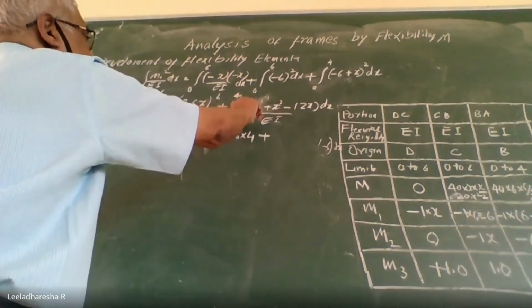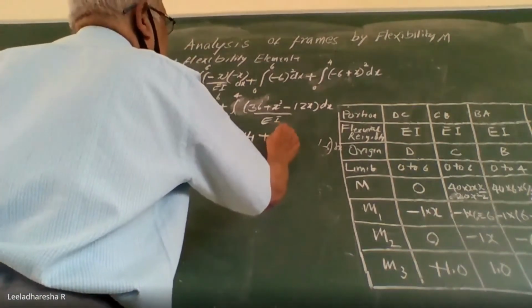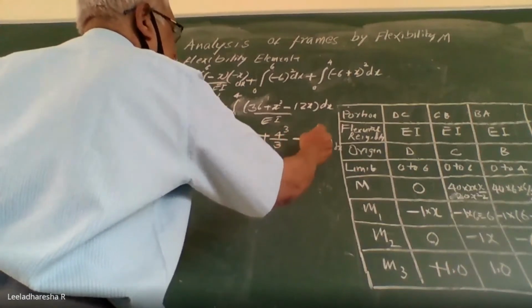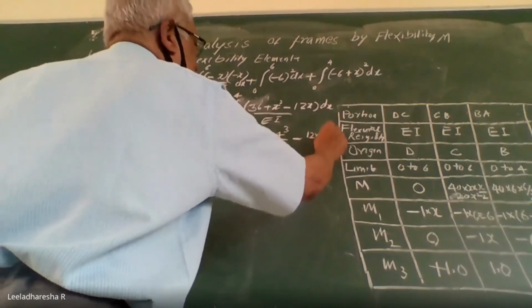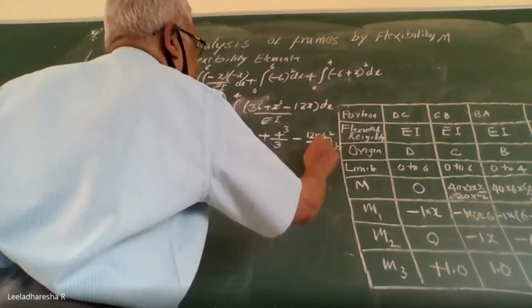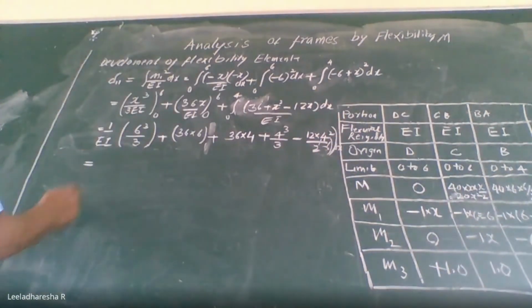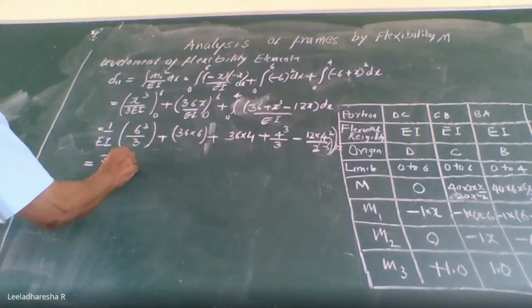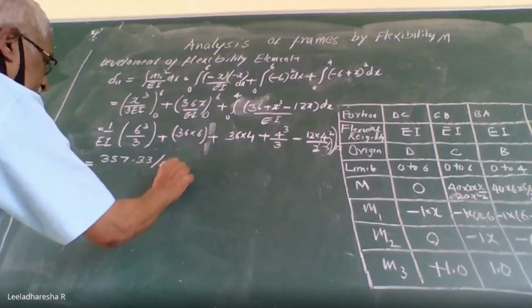X square integrating you get x cube by 3, x cube by 3 means 4 cube divided by 3, minus 12x square by 2, 12 into x square, 4 square divided by 2. So if you simplify this complete equation, you are going to get delta 1 1 as equal to 357.33 divided by EI.